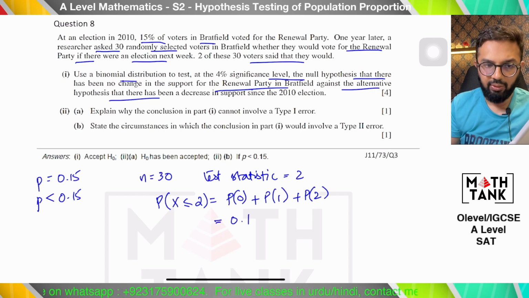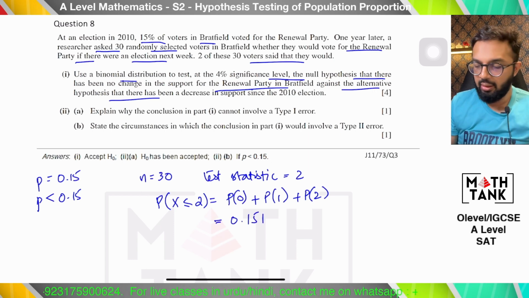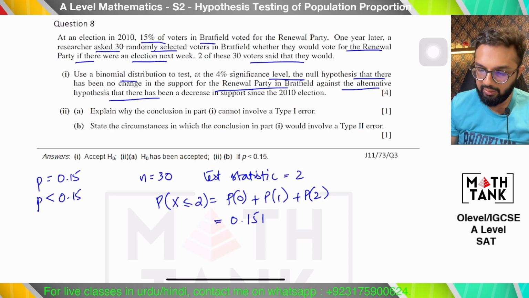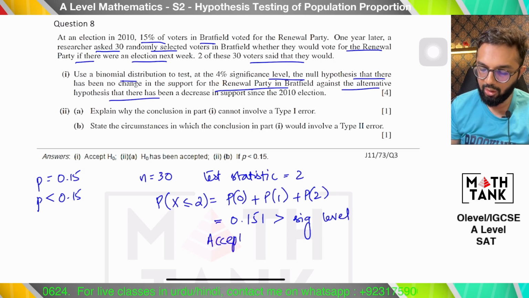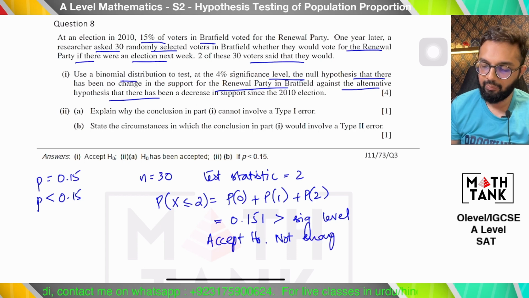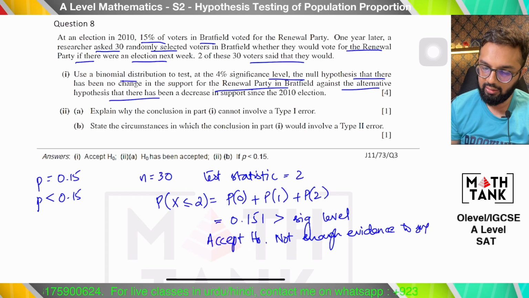So I'm getting 0.151. Okay, 0.151 is greater than the significance level. So you accept H0: not enough evidence to say that the support has decreased.